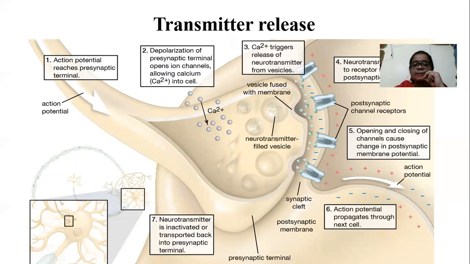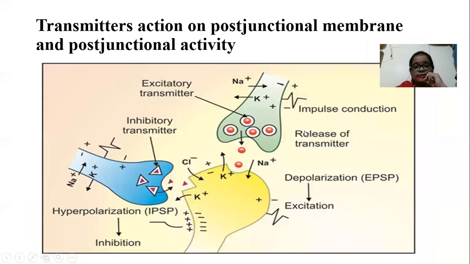Then this one is the process of release of the transmitter, when it is released after arrival of the action potential. Then this action potential is propagated from one neuron to another neuron with the help of these neurotransmitters. After release of the neurotransmitter, either an excitatory effect or an inhibitory effect will happen in the postsynaptic neuron, depending upon the type of neurotransmitter.